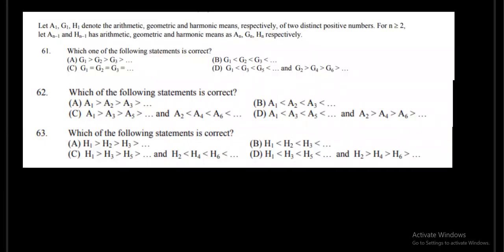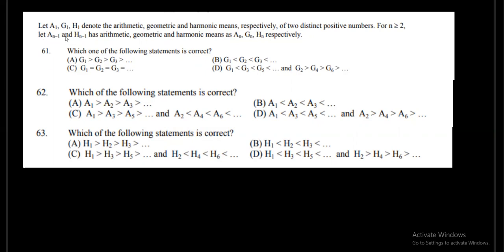So here is the question which says: let A1, G1, H1 denote the arithmetic, geometric, and harmonic mean respectively of two distinct positive numbers. For n greater than or equal to 2, let An minus 1 and Hn minus 1 have arithmetic, geometric, and harmonic means as An, Gn, and Hn.